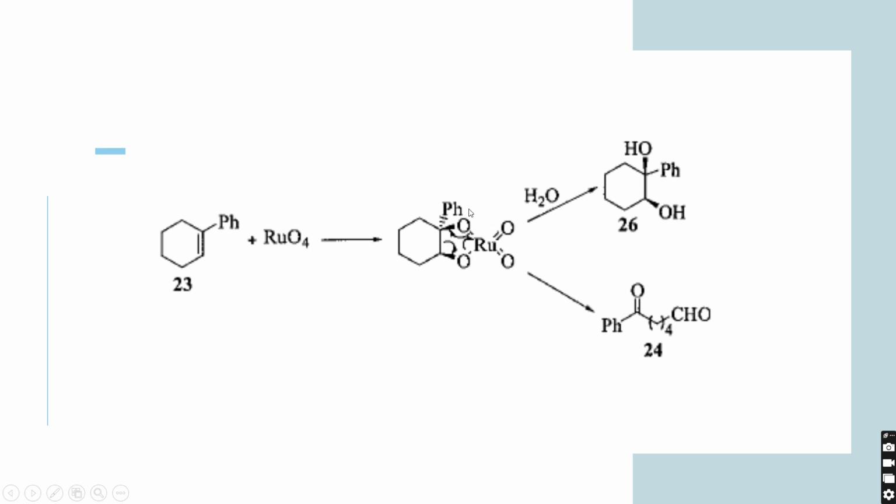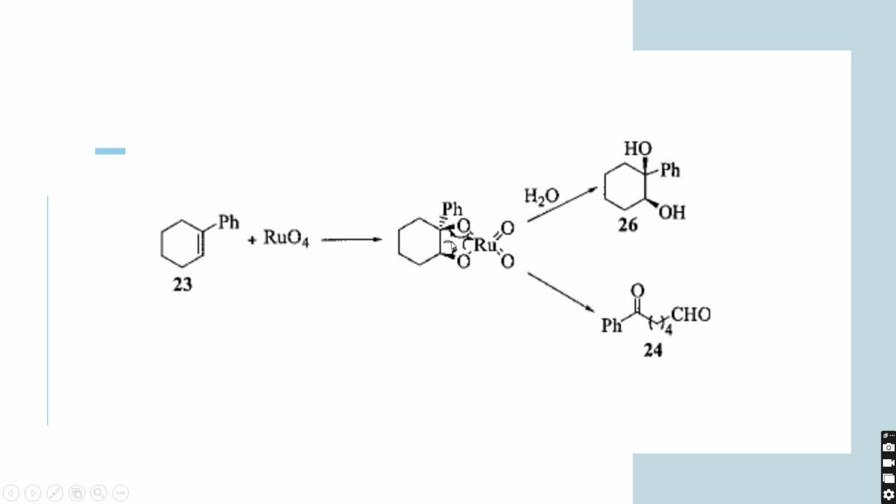Okay, and this 5-membered ring can either react with moisture to give us this diol as the product, and it can undergo carbon-carbon bond cleavage to give us this aldehyde and ketone.